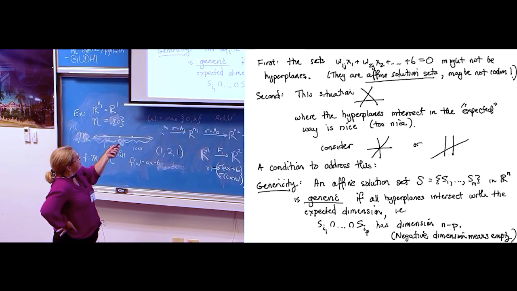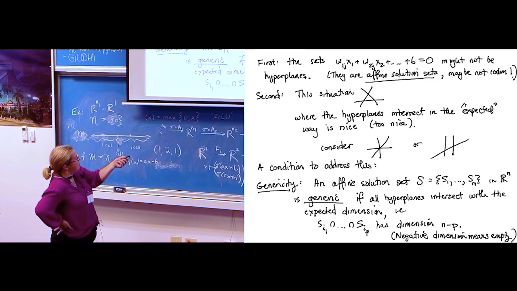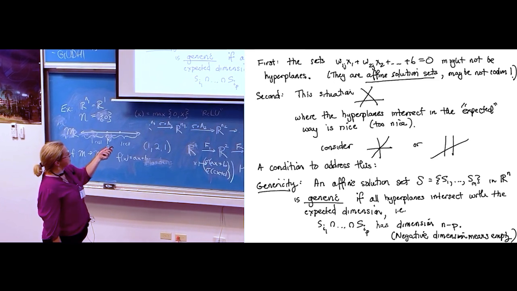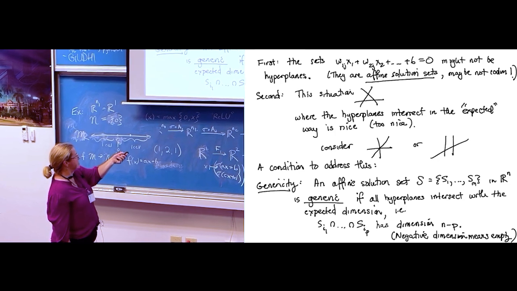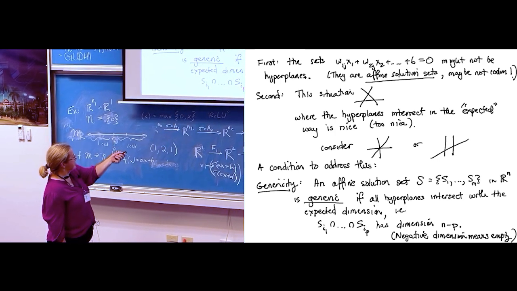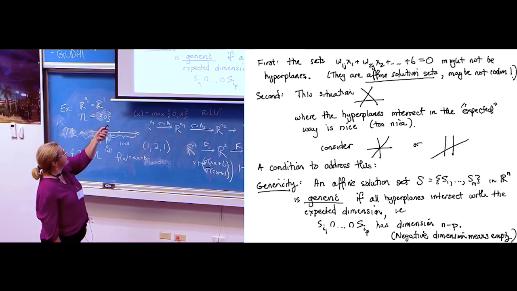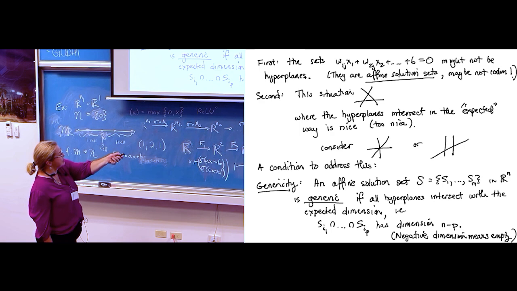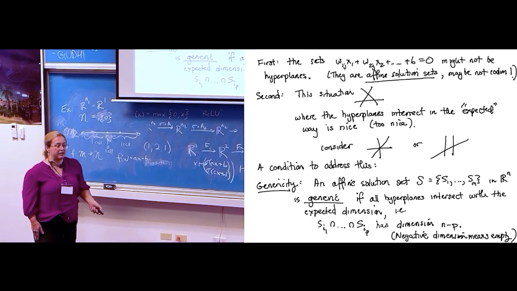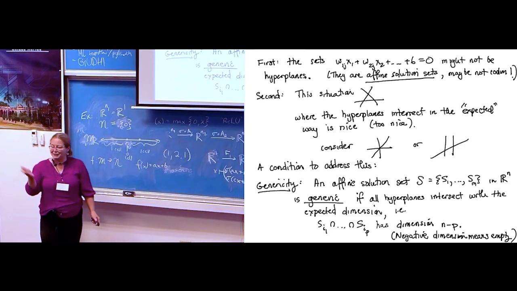It says that an arrangement is generic if all hyperplanes intersect with the expected dimension. That is, if S_I1 through S_Ip are some of these sets, the intersection has dimension n minus p. So n is the dimension of the space, and p is how many of them you have. Each one knocks off one dimension.